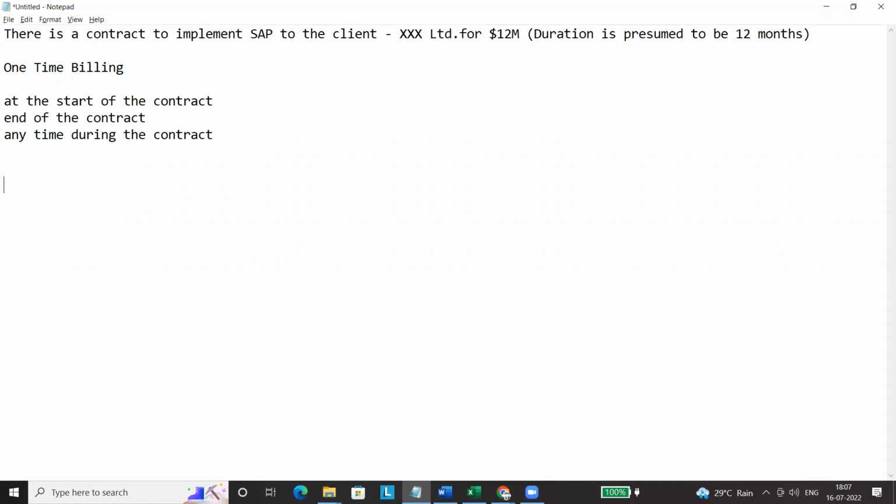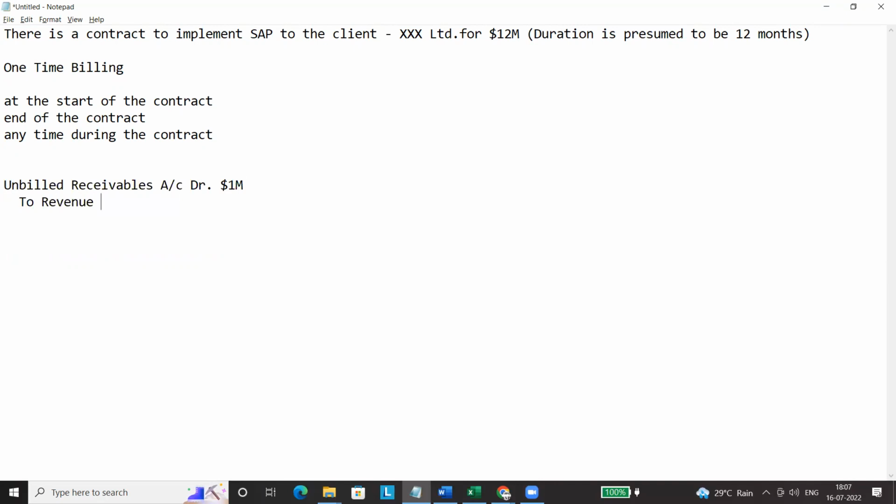Since you don't have a customer billing, you would recognize it using an unbilled receivables account. So you will be debiting this account.